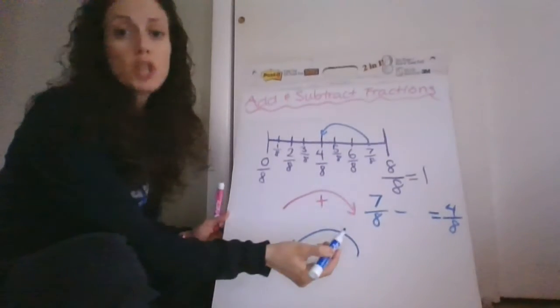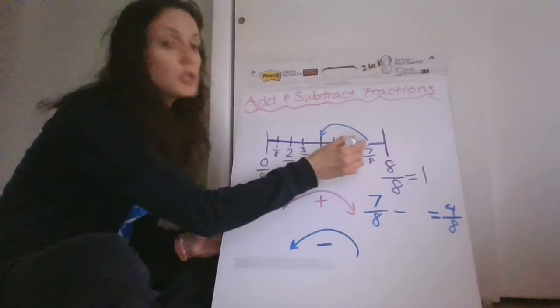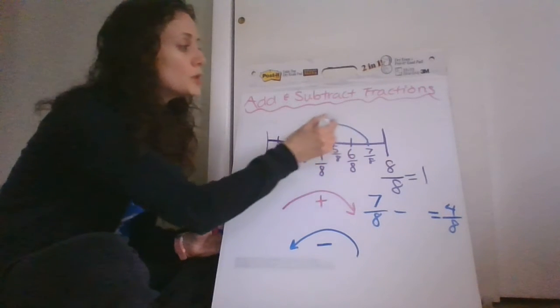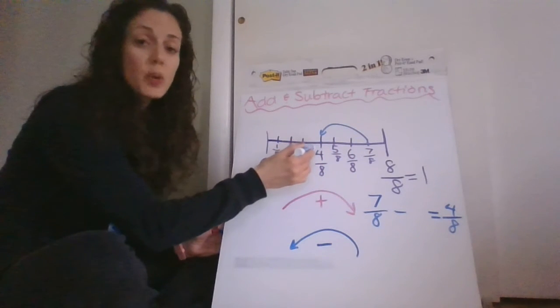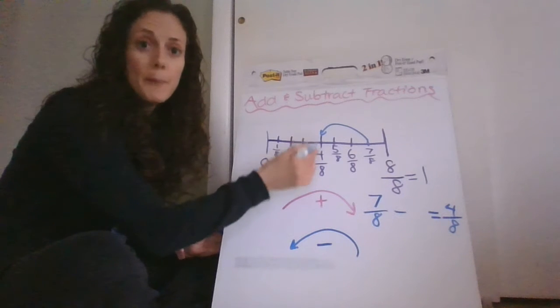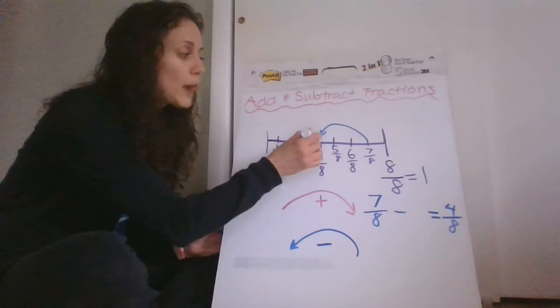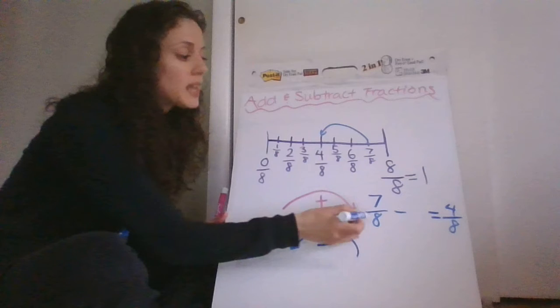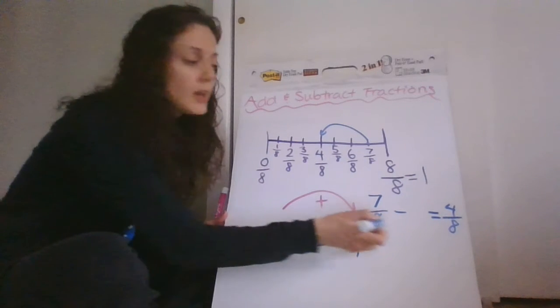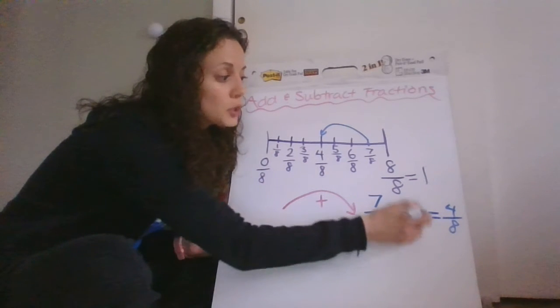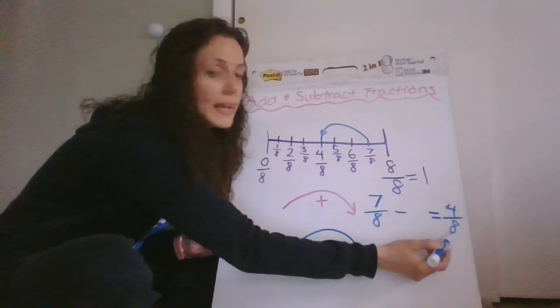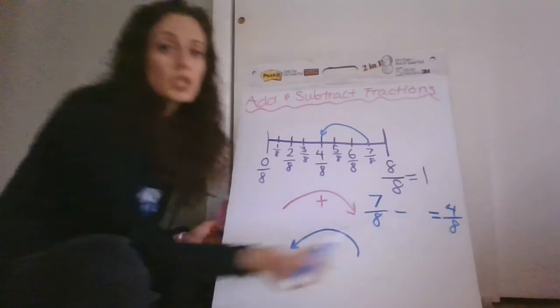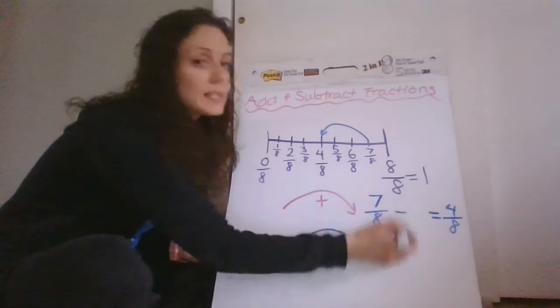Okay, so that's what it's showing you. If the arrow starts at a certain place and goes to the left, it's showing you that it's subtracting a certain amount to get you to wherever it lands. So in this case, it started at 7/8. It subtracts a certain amount, and it lands at 4/8 eventually. So what would go in this blank space?